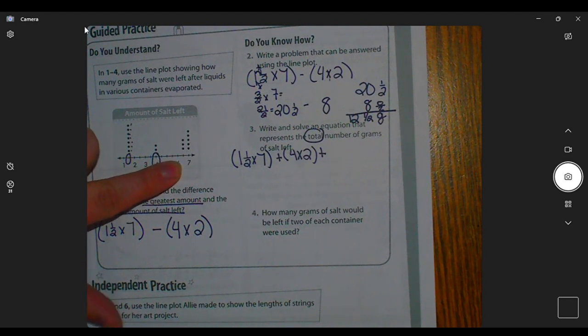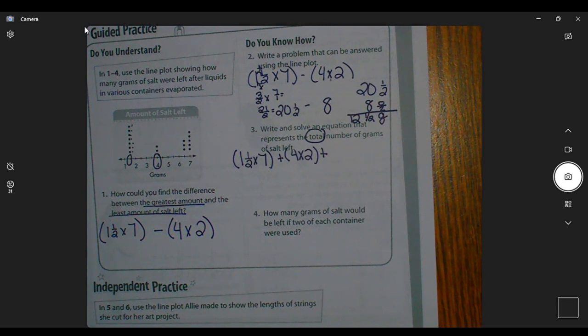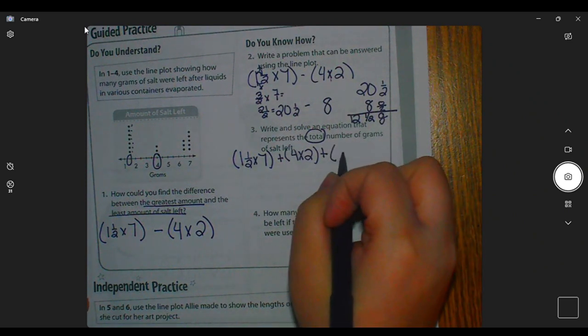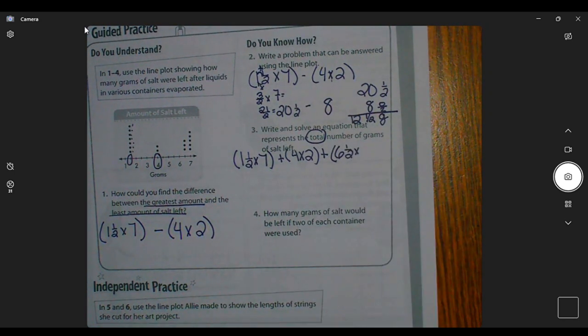What is this area between the two whole numbers called again? Right, half. So between 6 and 7 lies 6 and 1/2. How many 6 and 1/2s do I have? Yeah, it's 3.